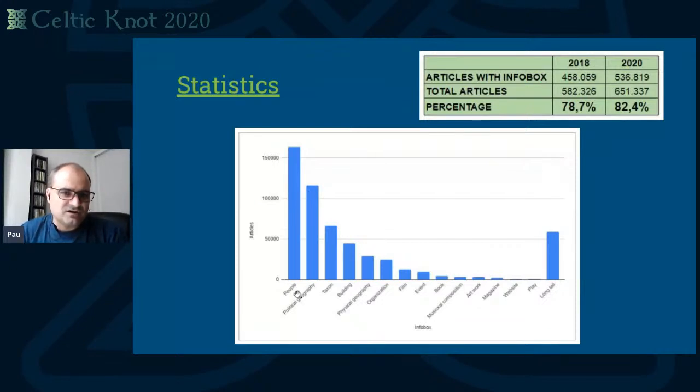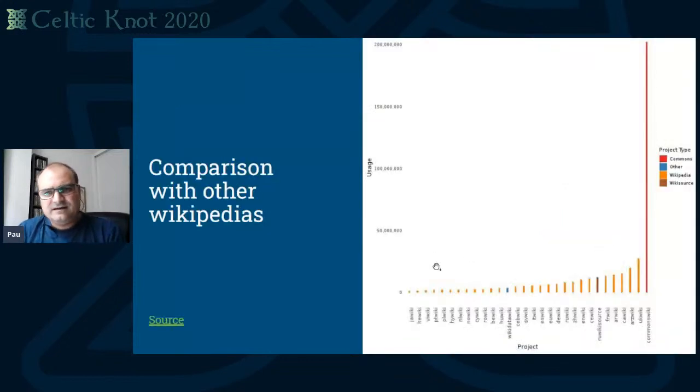The most used infoboxes are for people, political geography, taxa, buildings, physical geography, organization, and there are a lot more, up to 80 more infoboxes.